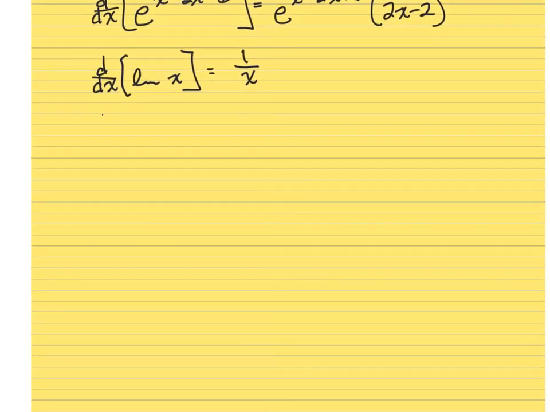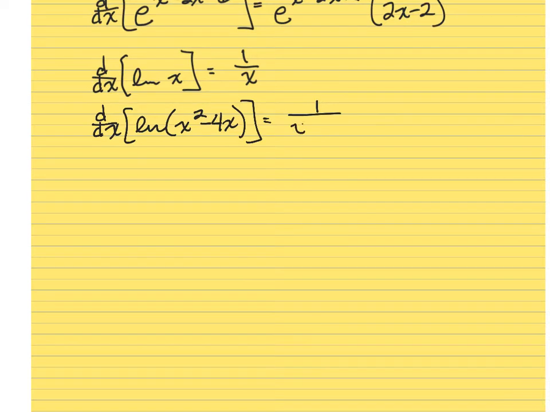Now if we complicate it a little bit more or compose the logarithmic function with something else, say x squared minus 4x, now we have an inside and an outside function, and so we take the derivative using the chain rule. It's going to be 1 over x squared minus 4x. That's the derivative of the natural log part, and then times 2x minus 4. And of course we can clean that up just a little bit, but we'll leave it there for now.